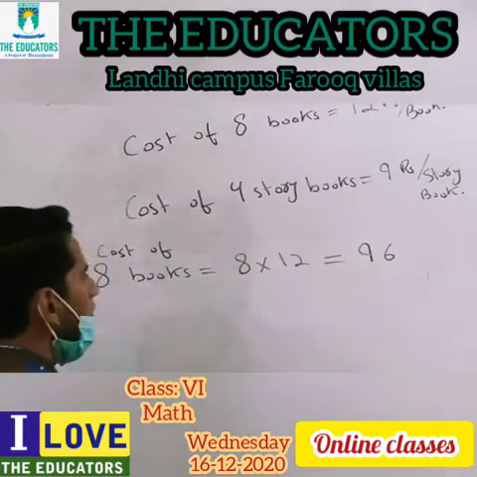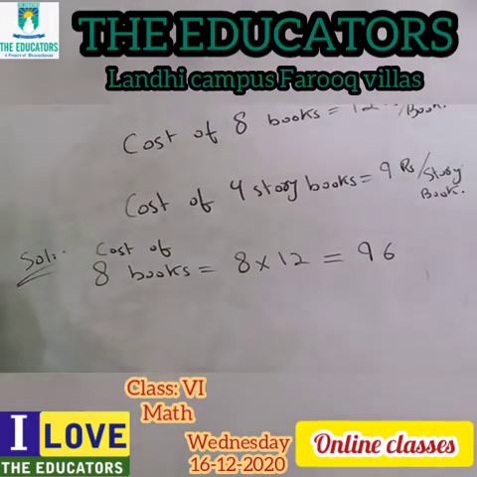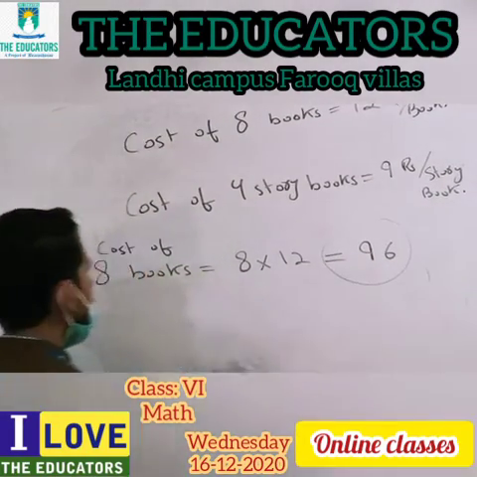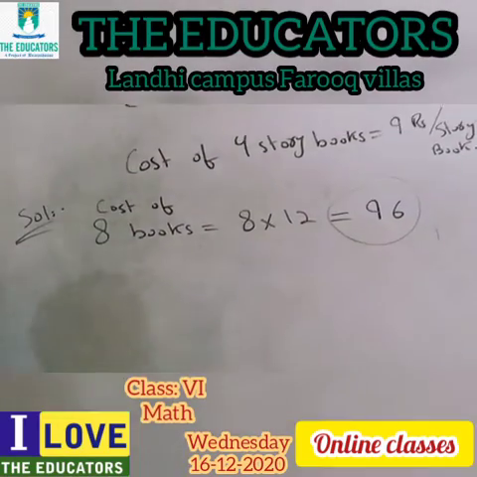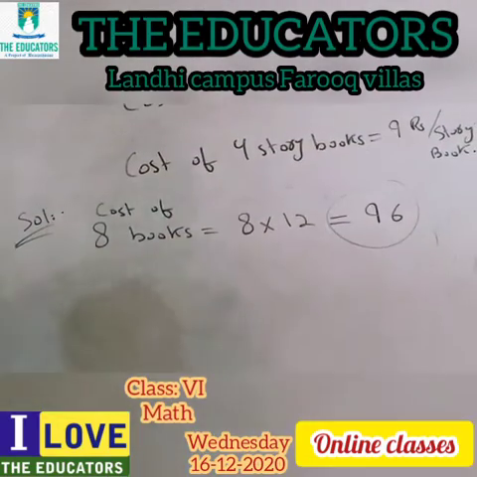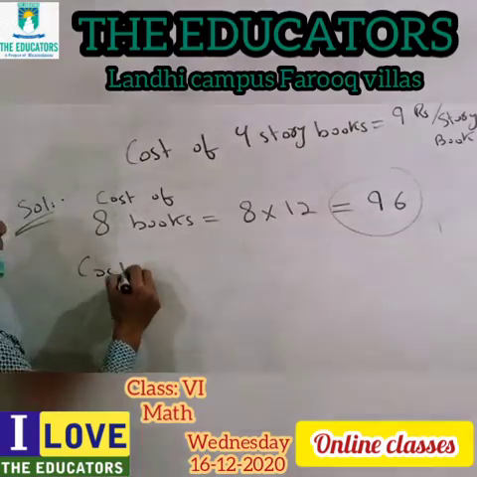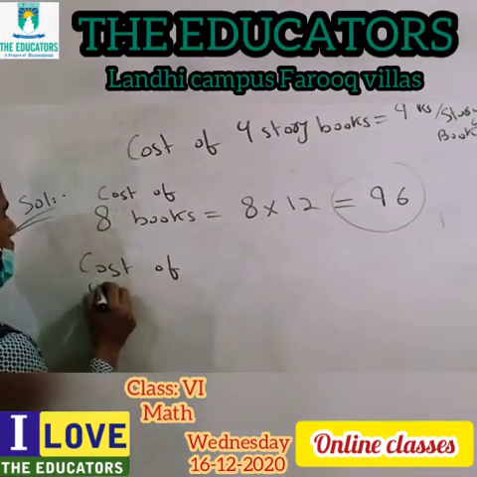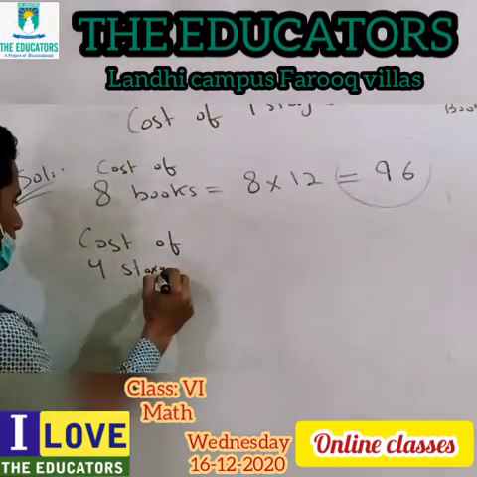You must solve it in your rough column. Okay, so we have got one thing here, the cost of 8 books. Now here we will find the cost of 4 story books.